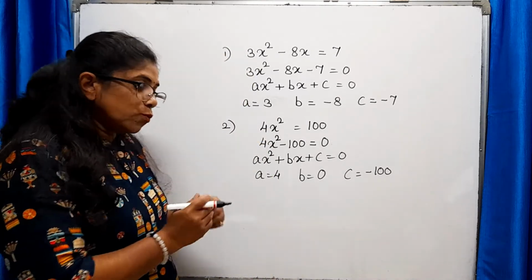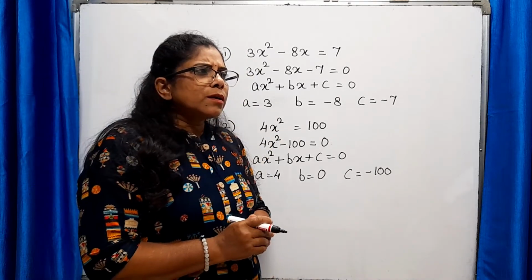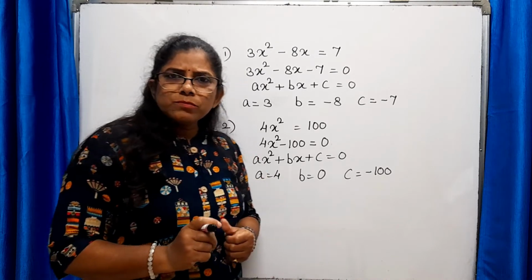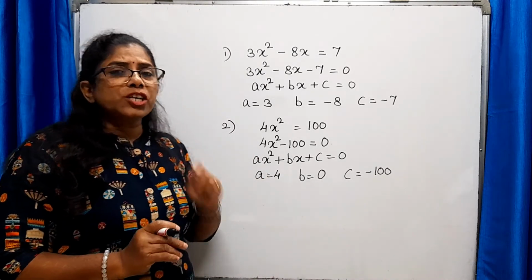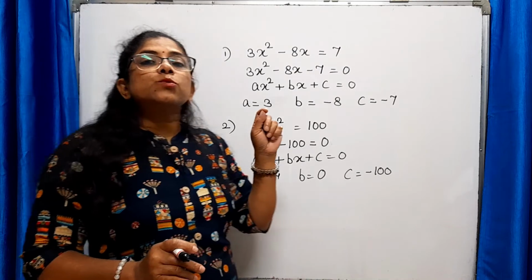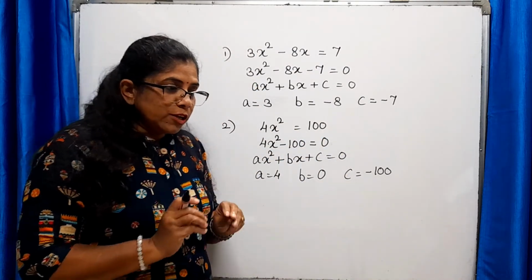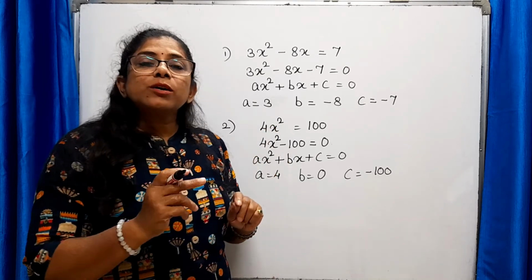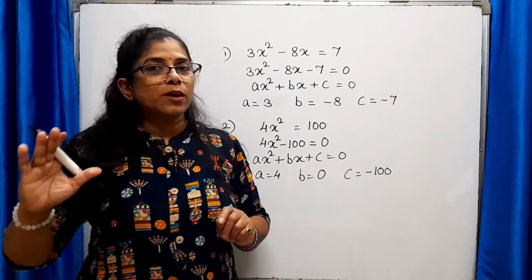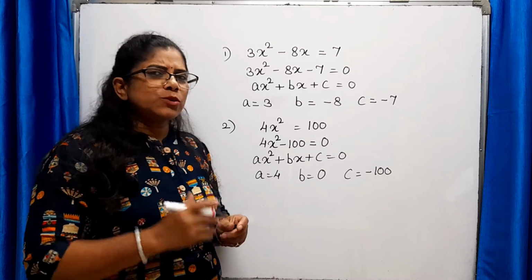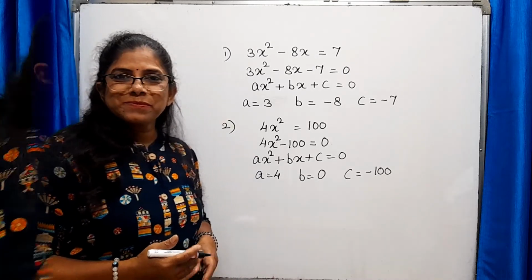Now let us move to one more type of question. They will give you one equation and ask you to check whether the given equation is quadratic equation or no. Or they will give you 4 options and check which of the following is quadratic equation. So now let us check 2 examples of this type.